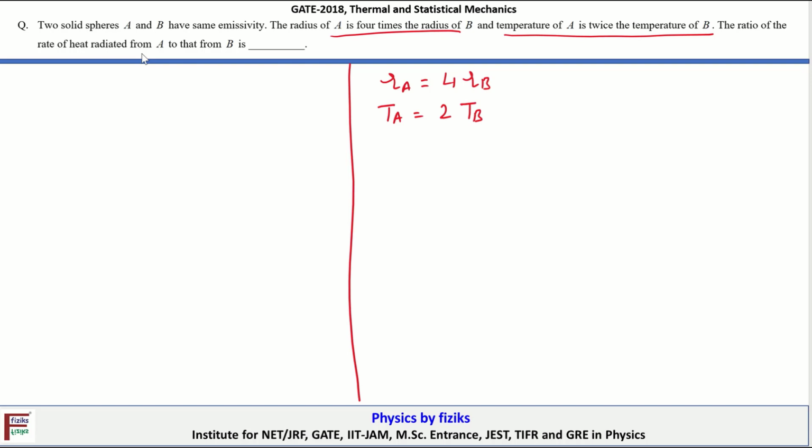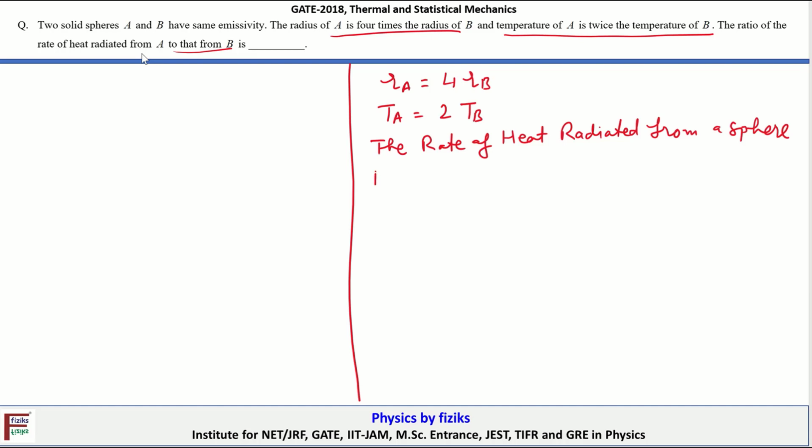The ratio of the rate of heat radiated from A to that of B is... So the rate of heat that is radiated from a sphere per second, that means we are talking about the power.